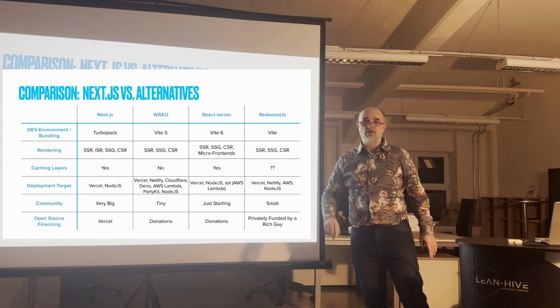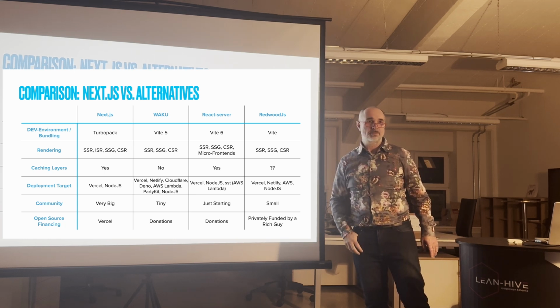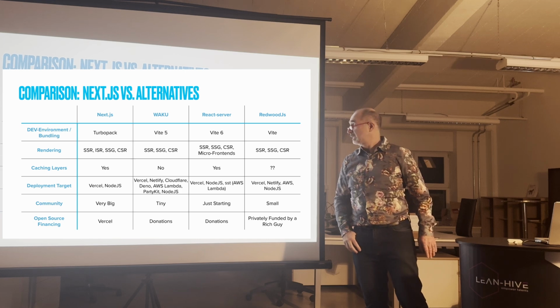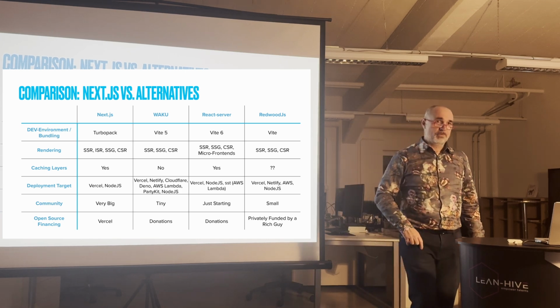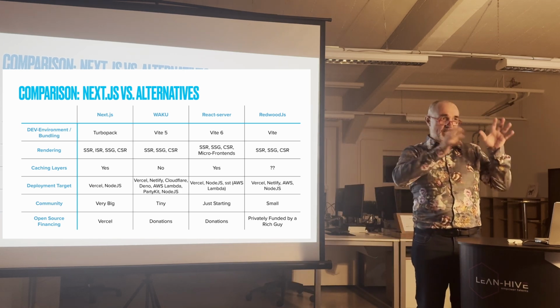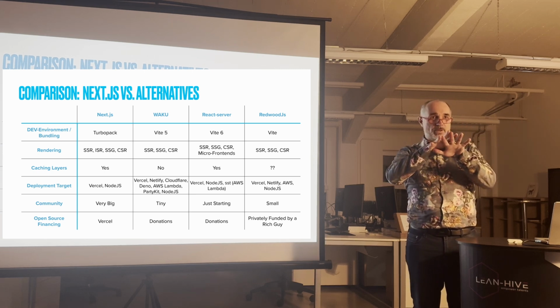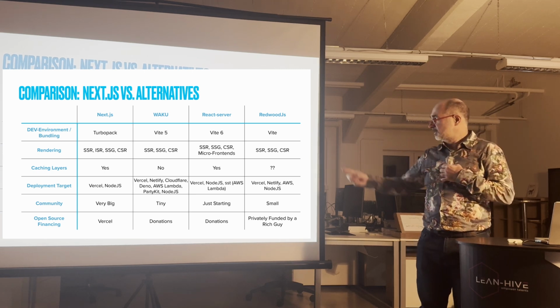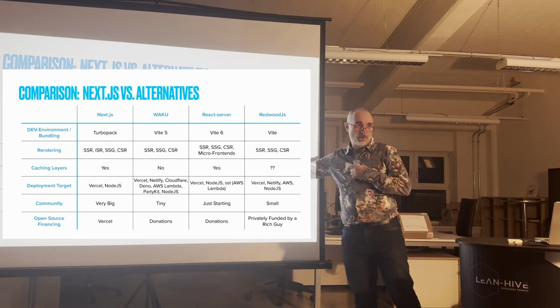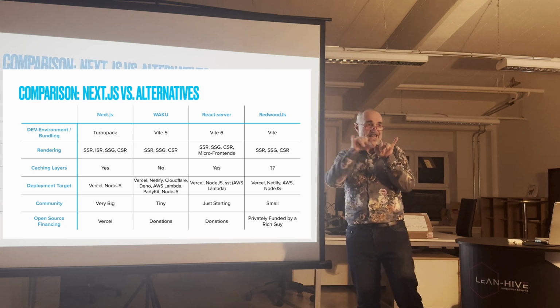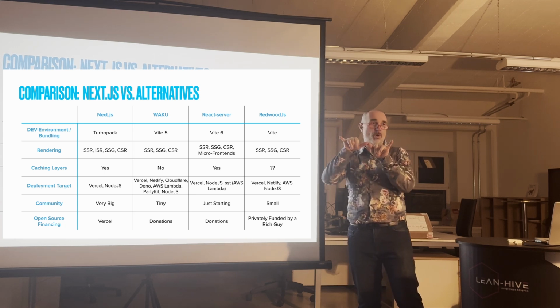Who knows what a micro frontend is? Micro frontends is a way where you connect independent frontends together on one page. In this case, you have a React component where you can include in a page a remote React component with a URL.